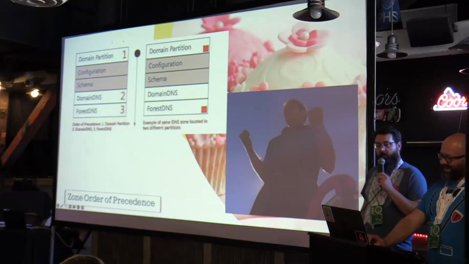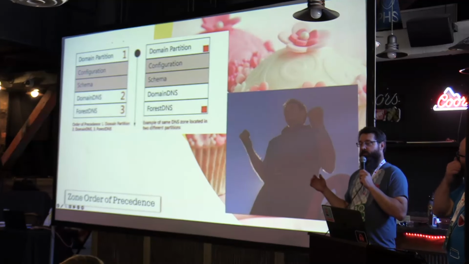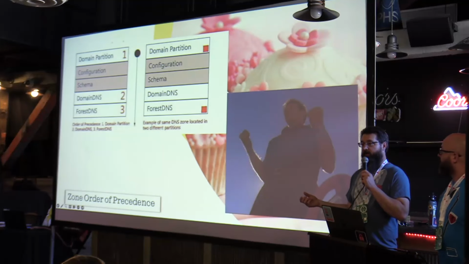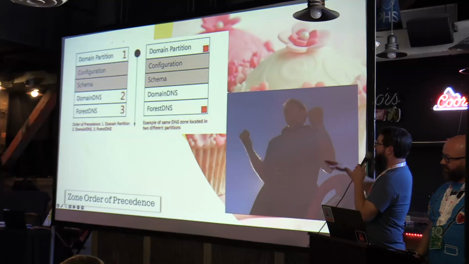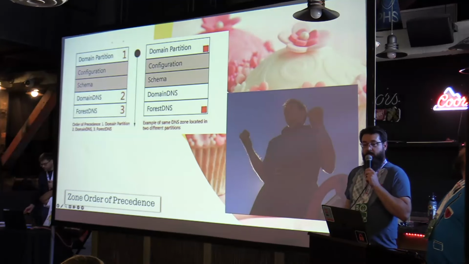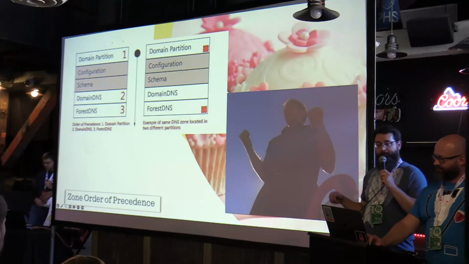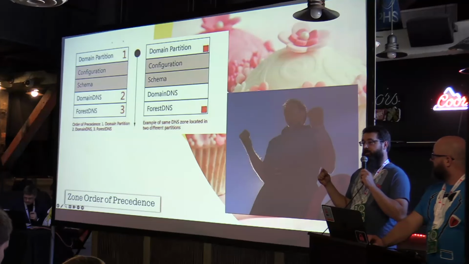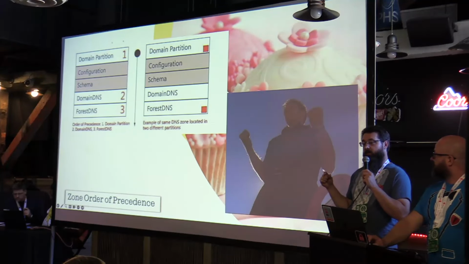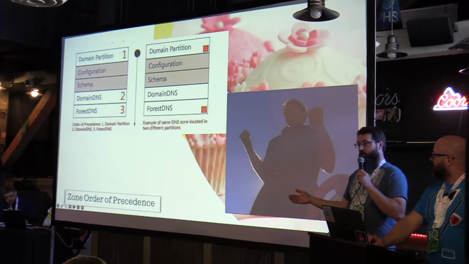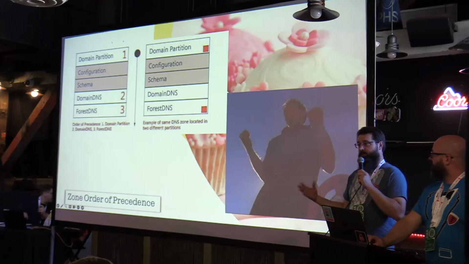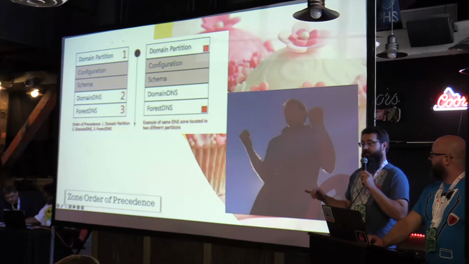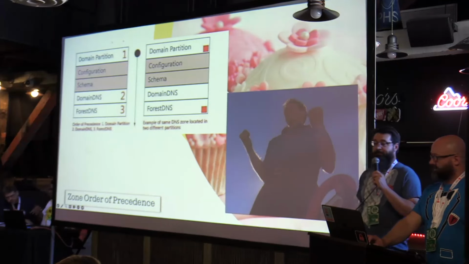The DNS zone that is closest to the DNS server that is serving up those records is the one that's going to win. As it goes for preference, the local legacy partition is going to be the one that wins out. So even if you have the forest partition of DNS with the strictest ACLs, an attacker with DNS admin rights could create their own copy of that zone and mess with it.